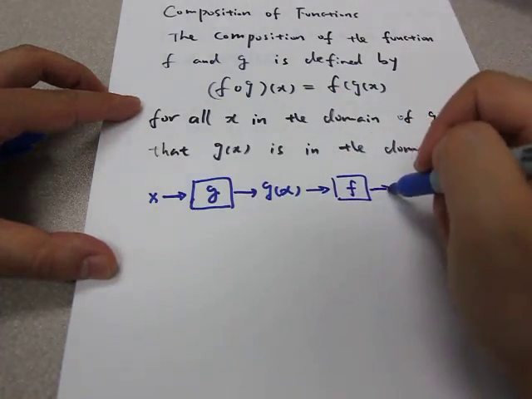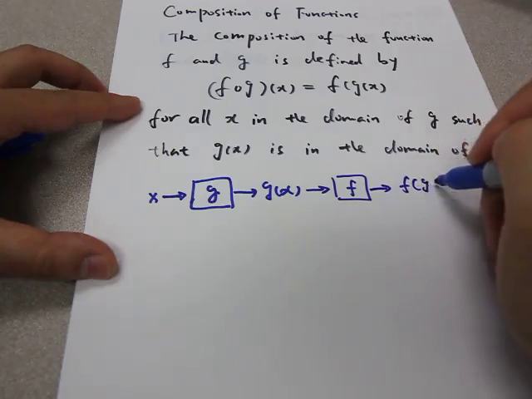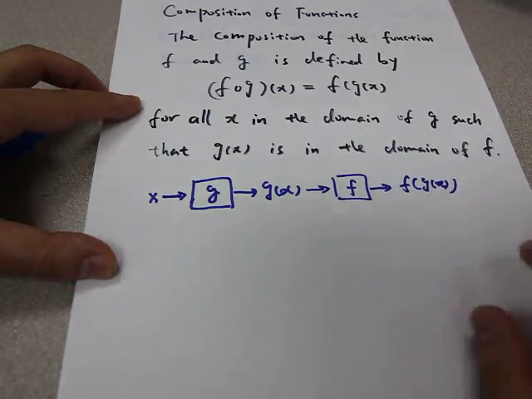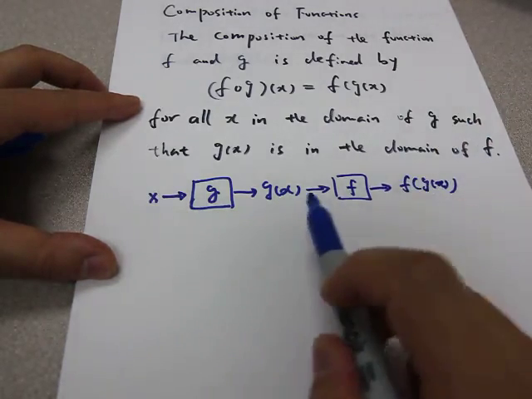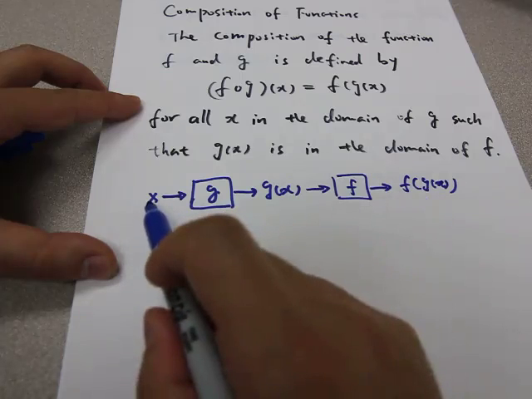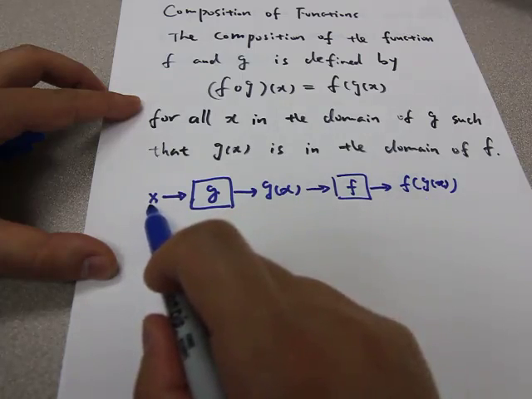So we're going to generate another number, and this number is called f of g(x). By doing this, the domain of the function is going to be this number x.